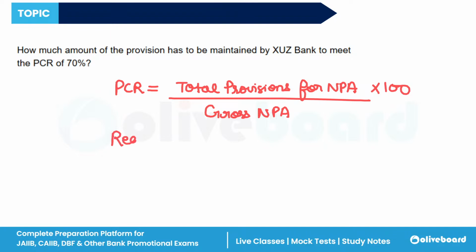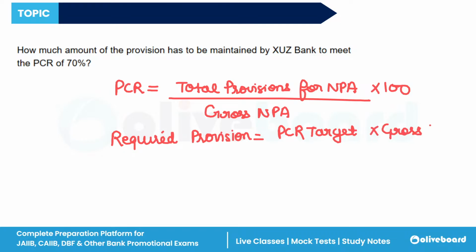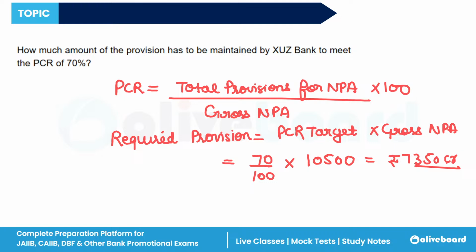So we have to find the required provision, which is equal to PCR target multiplied by gross NPA. So target PCR is 70% of gross NPA, that is equal to rupees 7,350 crore. So 7,350 crore needs to be maintained for this 70% PCR.